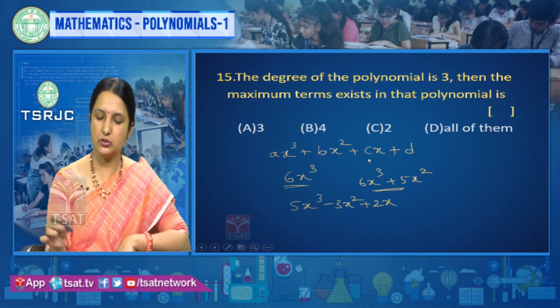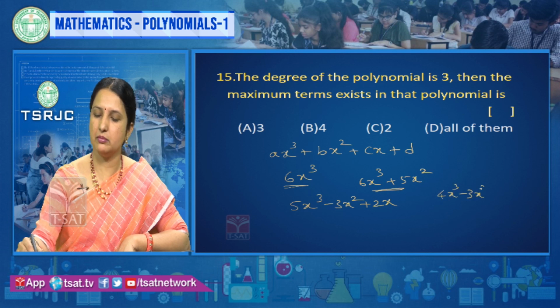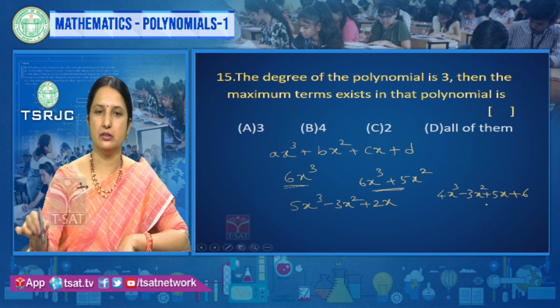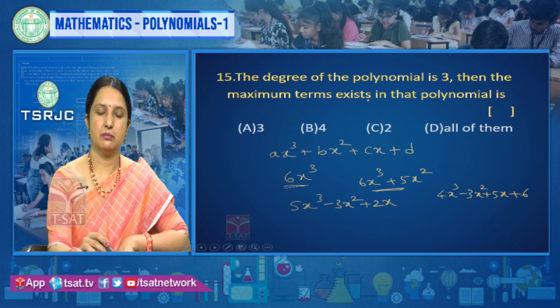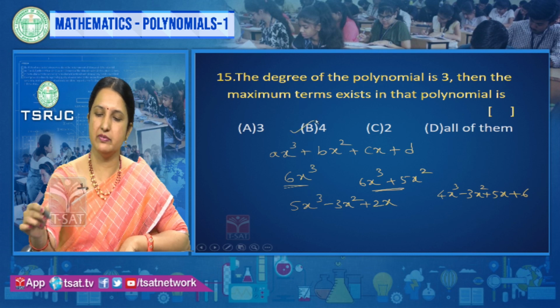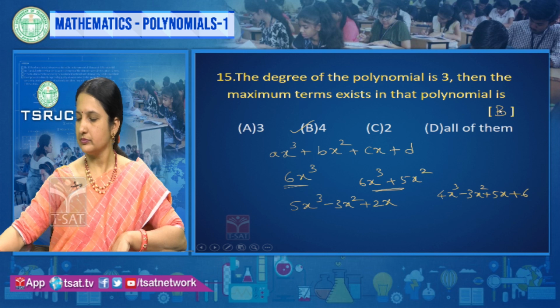And 4x³ minus 3x² plus 5x plus 6 is also a cubic polynomial, but it contains 4 terms. So the maximum number of terms we can get in a degree 3 polynomial is 4. So option B is the correct one.